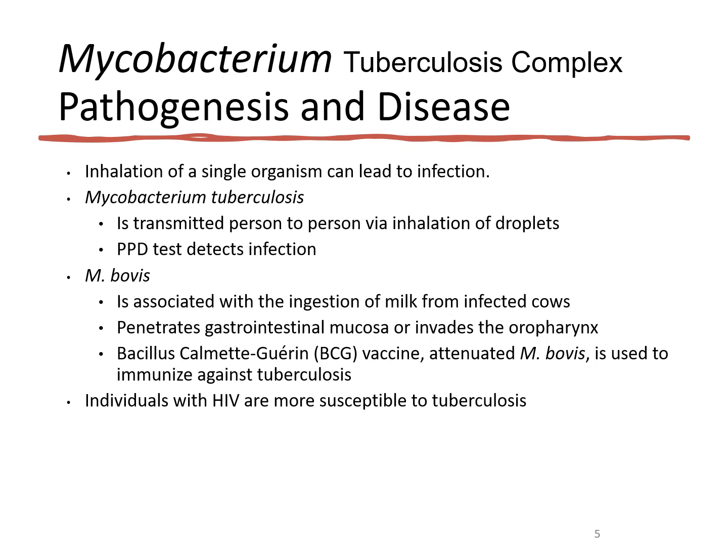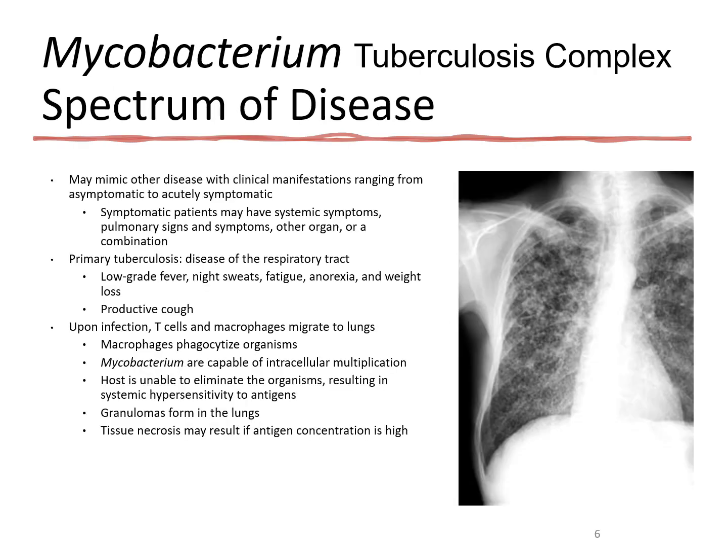However, it's more commonly used in areas that have high incidences of TB. I don't know that it's being used in the United States very much, but there is one available. And of course, individuals who are HIV positive are more susceptible to tuberculosis.